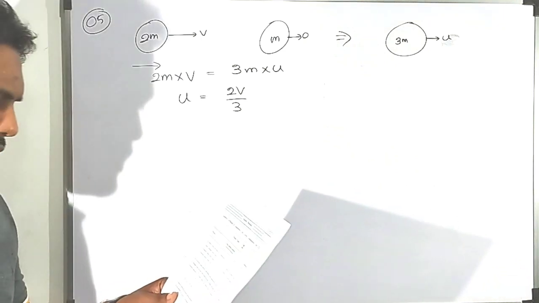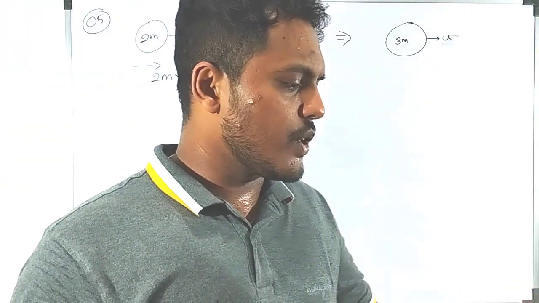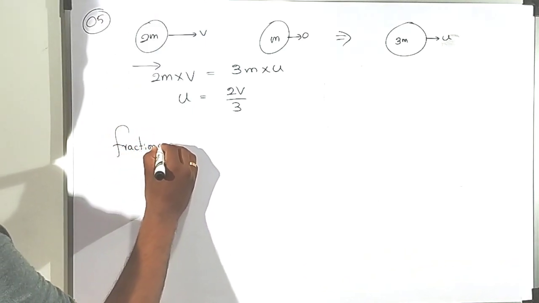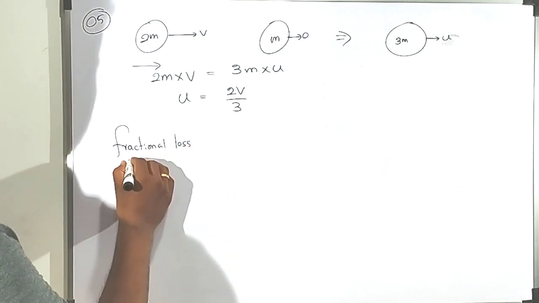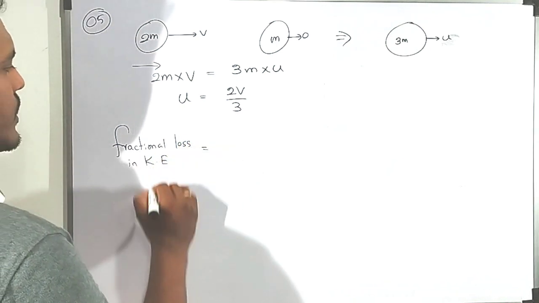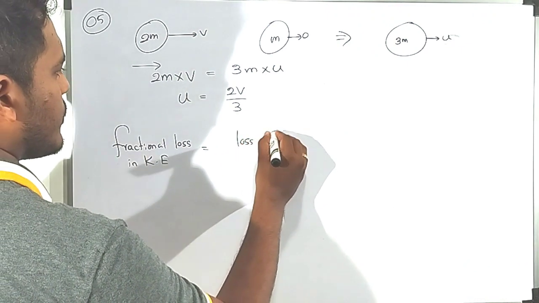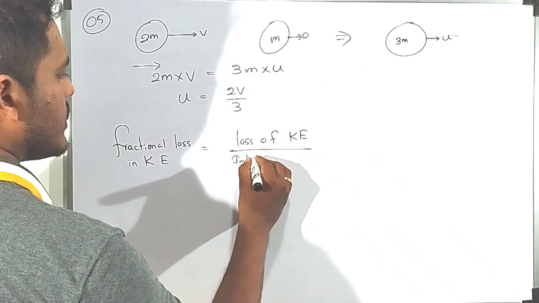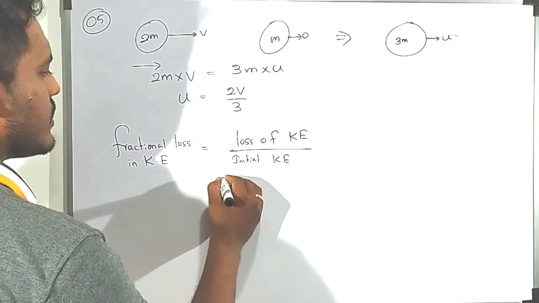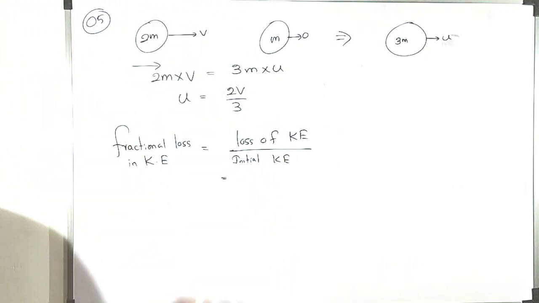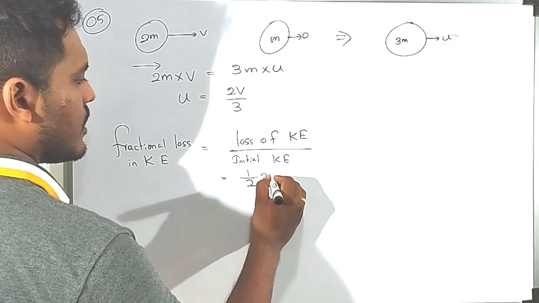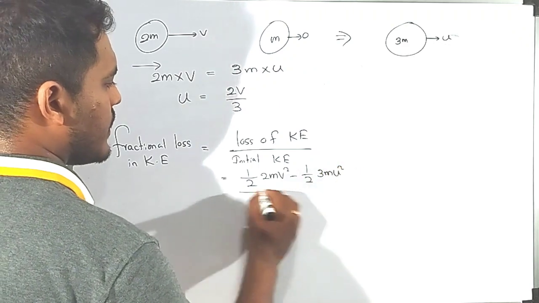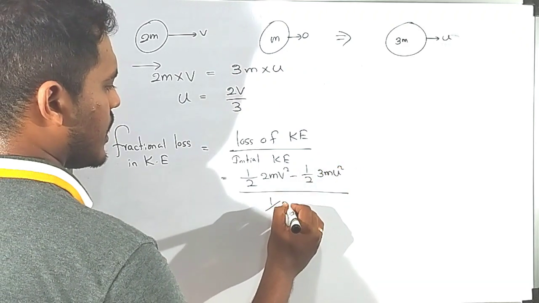Here they are asking about the fractional loss in kinetic energy. Fractional loss equals the loss of kinetic energy divided by the initial kinetic energy. The loss of kinetic energy is half 2m v squared minus half 3m u squared, divided by the initial kinetic energy half 2m v squared.